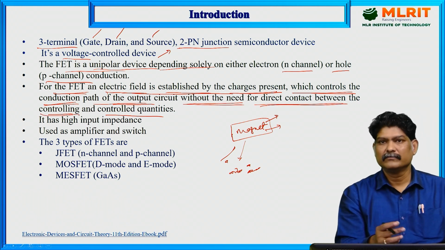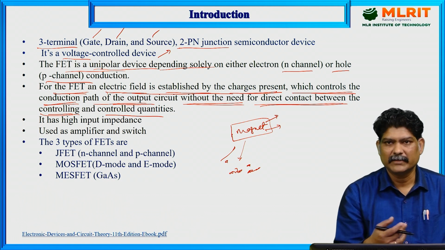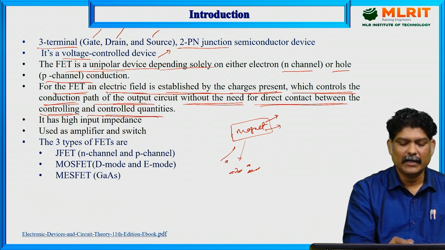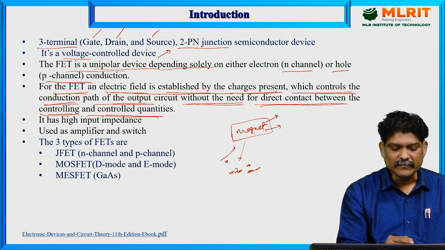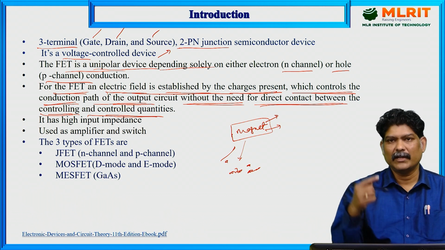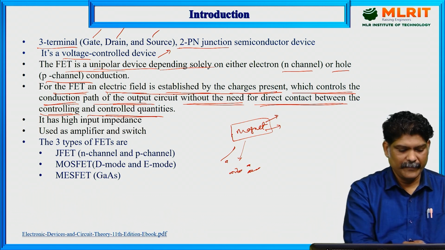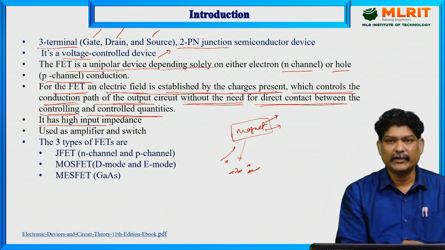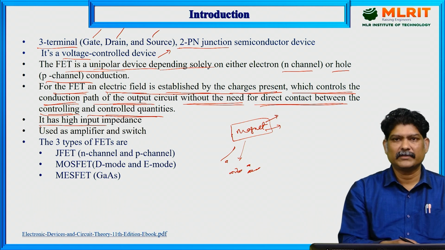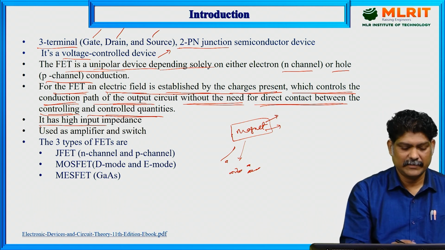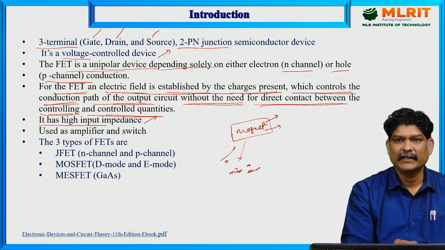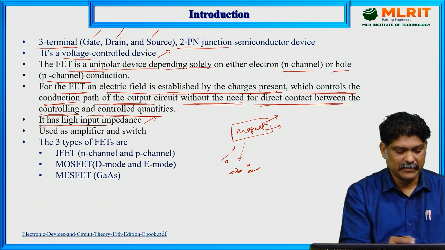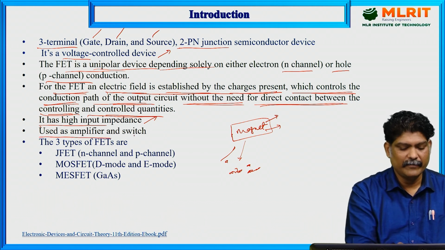There is no contact between the gate control and the controlled quantities, even though we are able to control the output drain current. It has high input impedance, one of the important properties of the field effect transistor. It has high input impedance and low output impedance, and it can be used as an amplifier and a switch, the same as a BJT.